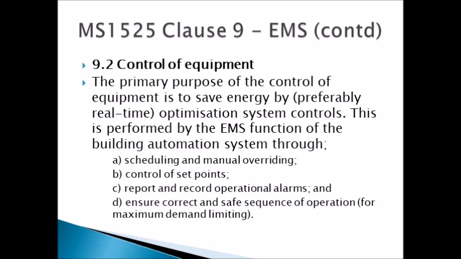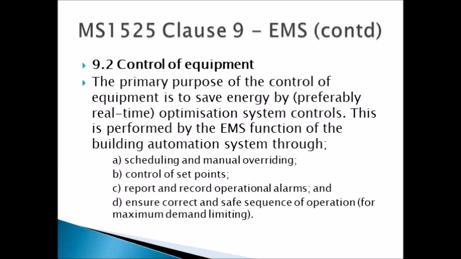Maximum demand limiting is you limit the power usage of your building so it does not exceed certain level, because in some buildings there is a penalty for the building if it incurs consumption beyond what is stated in agreement with utility companies.